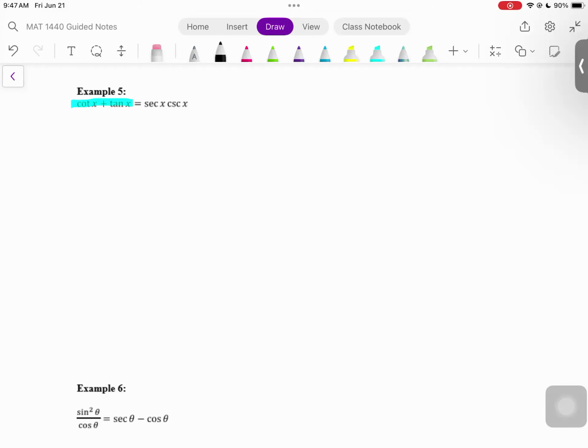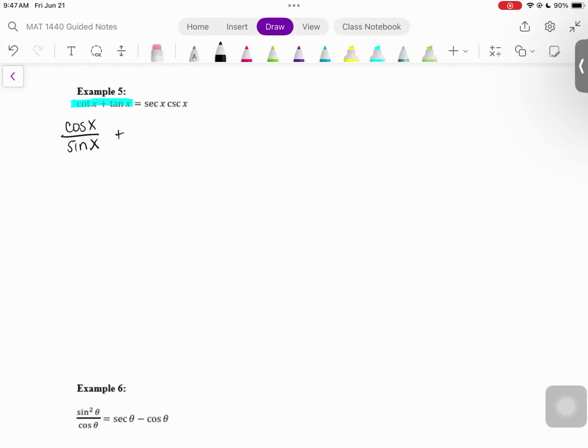Rewriting cotangent x and tangent x, ooh, I am practicing following my own advice here. I'm going to rewrite these in terms of sine and cosine. Cotangent x is cosine x over sine x.